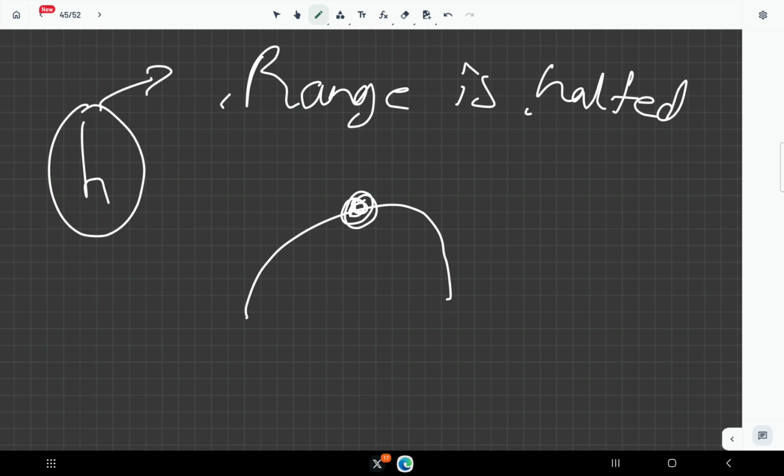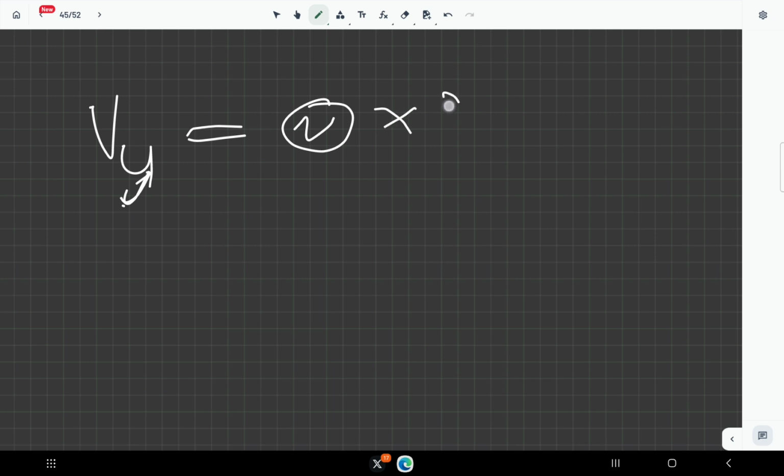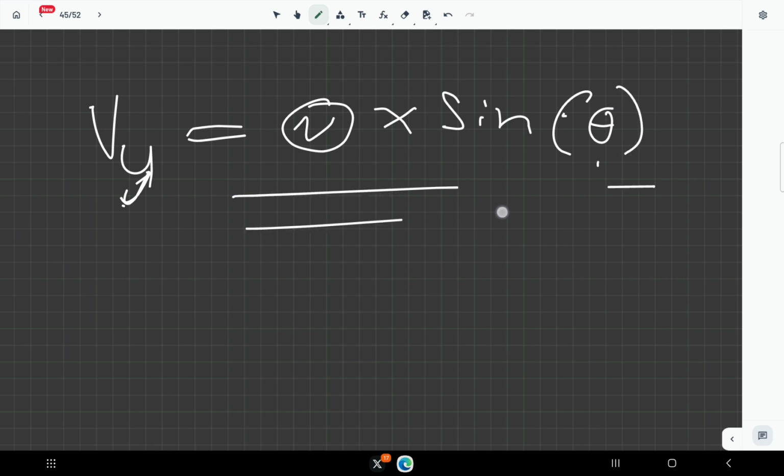But we have to take into account the vertical velocity component, which I define as Vy, and Vy is just V, the velocity provided by the cannon, times sine of the angle in relation to the ground. So that is our vertical velocity component.